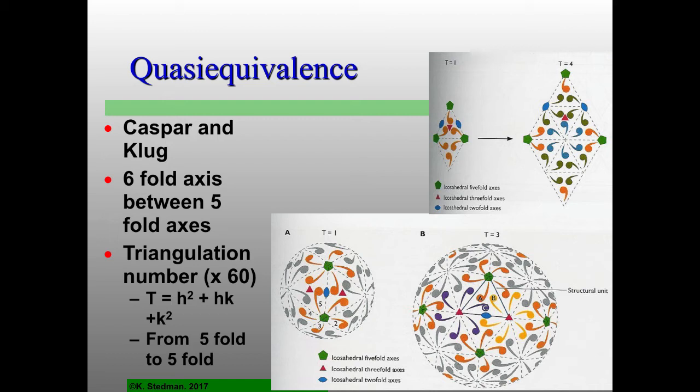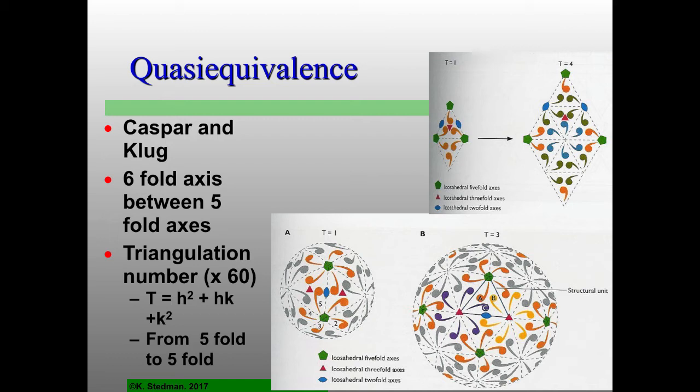Most viruses, in terms of packaging their genome, just having one capsid protein and 60 copies of it is just not big enough in order to encapsulate all of that nucleic acid.